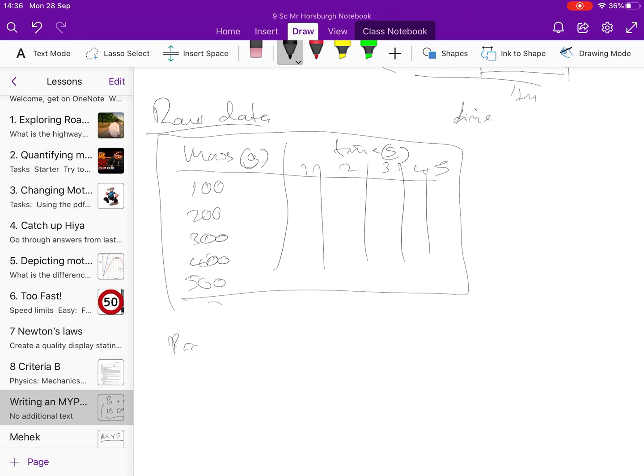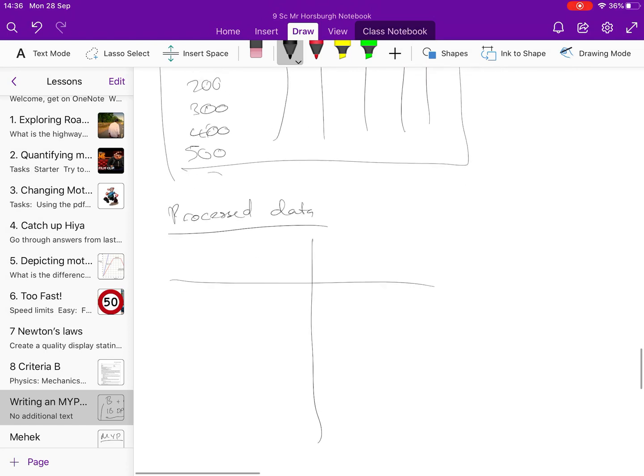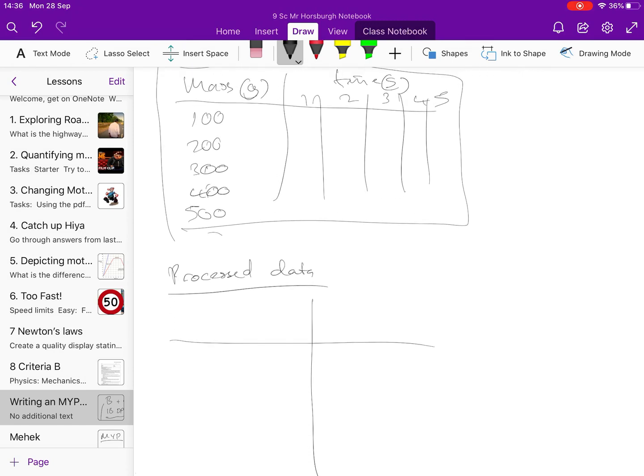So the next thing I want you to be doing is the process data. So how will we process it? Well, we're probably going to have mass, then we're going to have average time, and then we're going to have final velocity.